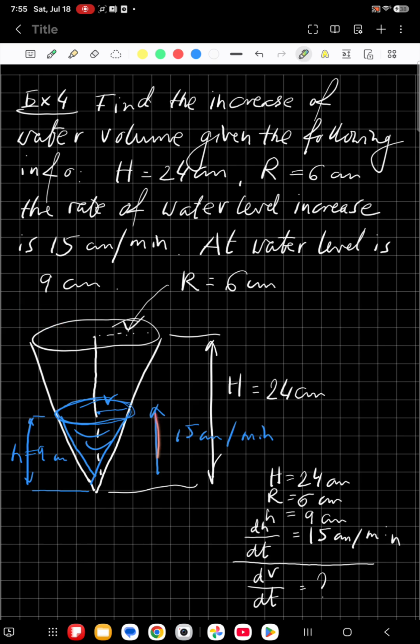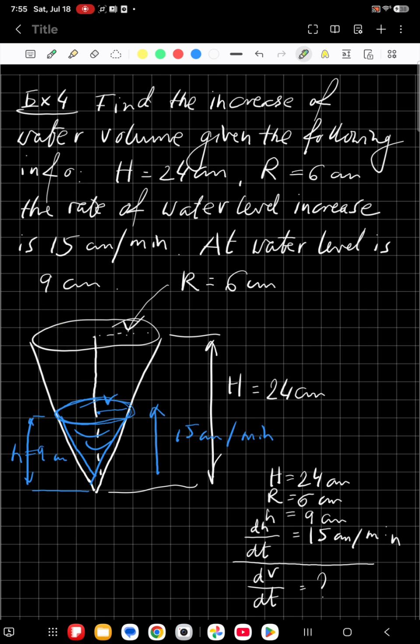What is constant is this rate, the increase in level. Normally it would be the other way: you're pouring water from some kind of source, faucet or whatever, and that rate would be constant, and this rate would be changing. Then it's just another type of problem. But in our case, it's the opposite. So this is constant, and this is changing.